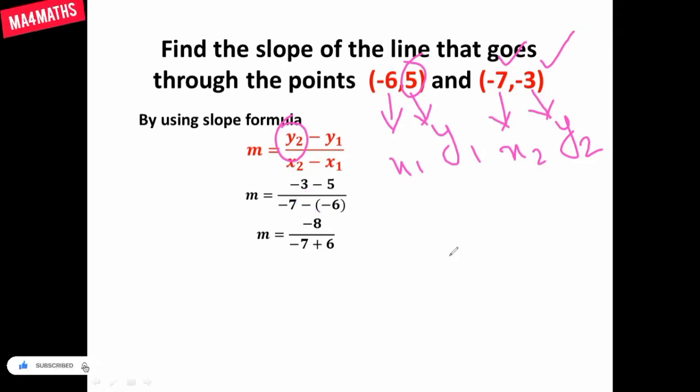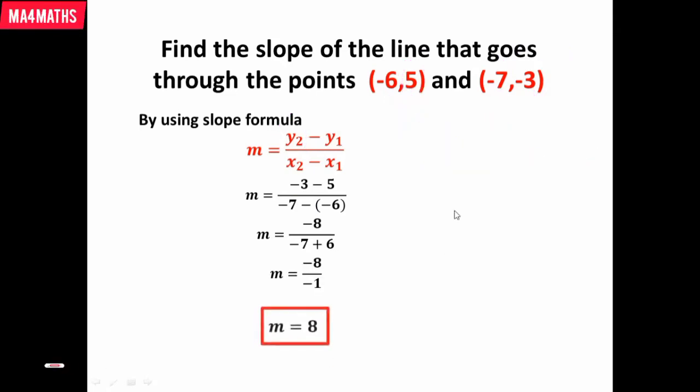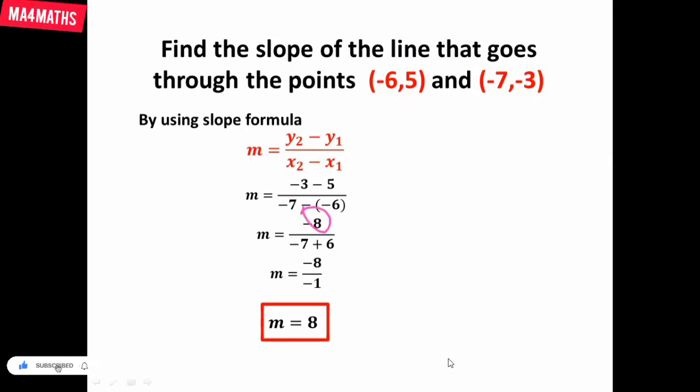After simplification, -3 minus 5 will be -8, and in the denominator x2 minus x1, -7 minus (-6). This minus multiplied by the second minus becomes a plus sign. So after simplification the numerator is -8 and the denominator is -1, and when -8 is divided by -1 it will be 8. So this is the final answer. This is our required slope of the line from the given 2 points.